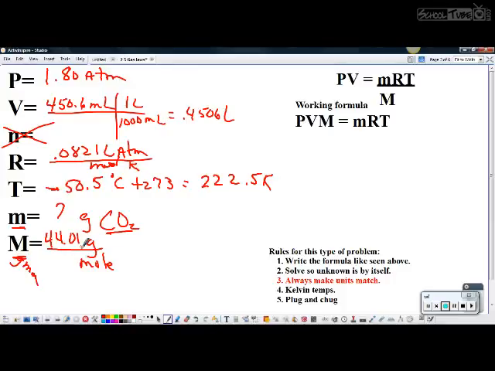Okay? So now I'm solving for this M. What am I going to divide both sides by? RT. So I'm going to have PV capital M divided by RT is equal to little m. Now you will find that in order to keep these straight, if you make both of your letters like this and then your little m is like that, how are you going to know which one's which when you start manipulating that formula?